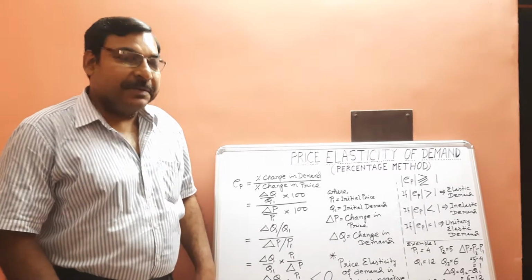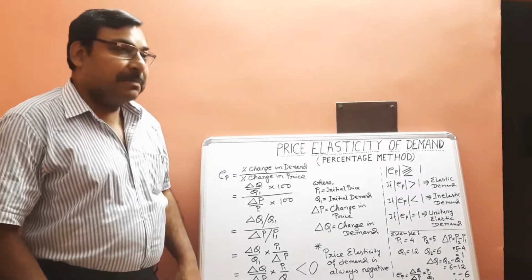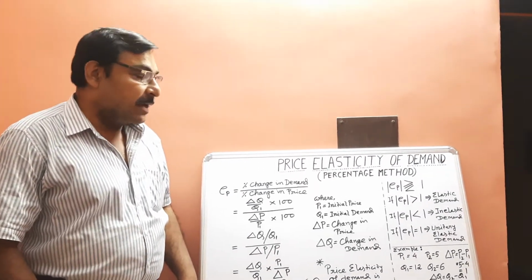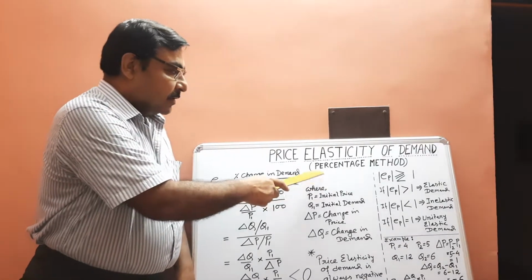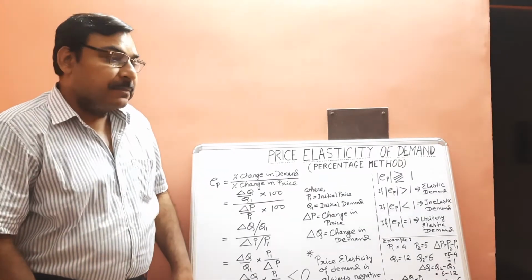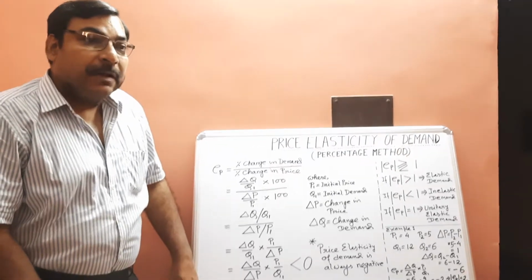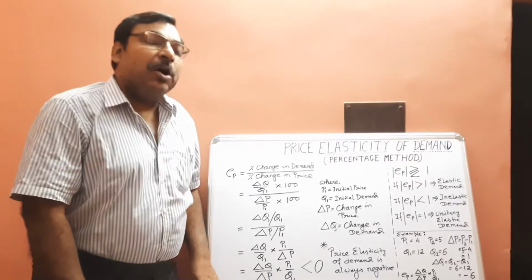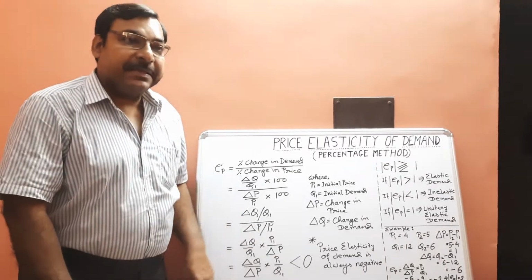Students of class 11, today I am going to explain the measurement of price elasticity of demand by the percentage method. We already discussed it. Price elasticity of demand refers to the degree of responsiveness of quantity demanded due to a change in price.